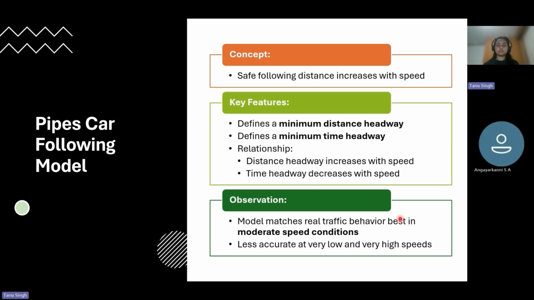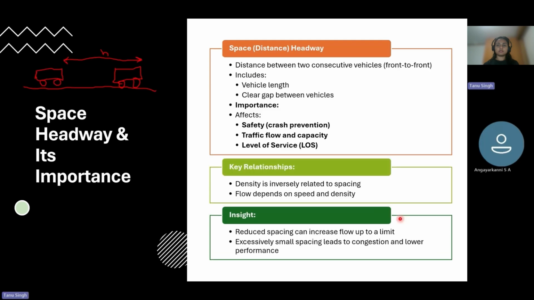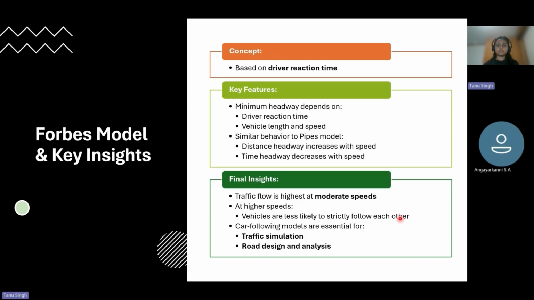Still, due to its simplicity, it provides a useful understanding of driver behavior, that if speed increases, then we have to increase the safe distance between the vehicles. But this model has some limitation, that it works well only with moderate speed, not with low speed or high speed. Now coming to the Forbes model.